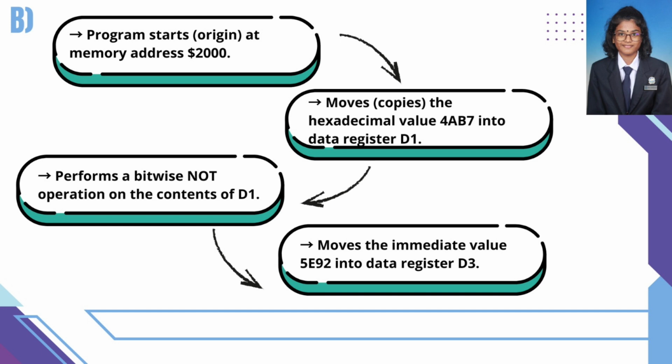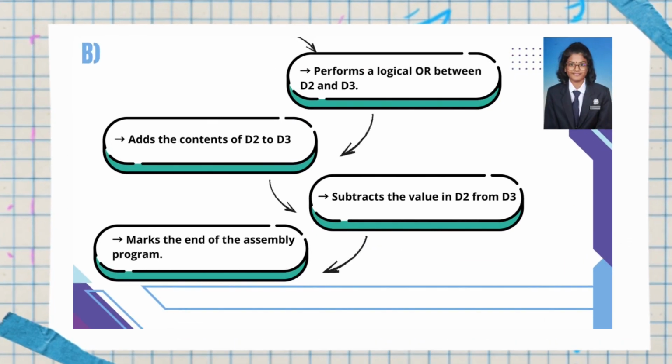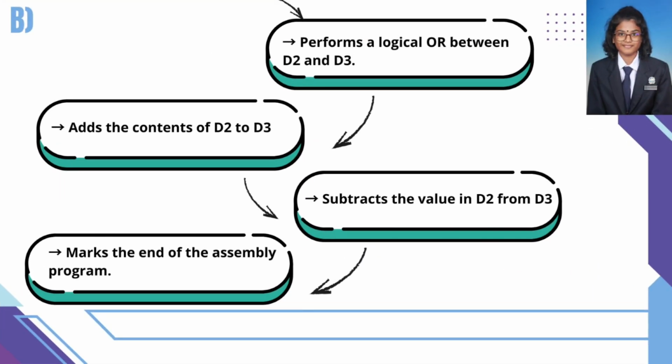And then it moves the immediate value 5E92 into data register D3. And it performs a logical OR between D2 and D3. Later on, it adds the content of D2 into D3 and then it subtracts the value in D2 from D3. Later on, it marks the end of the assembly program.